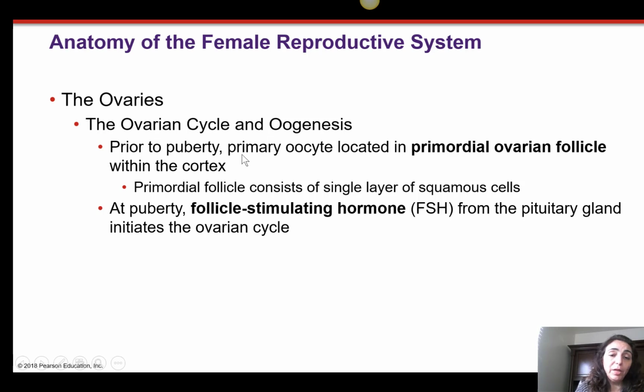Prior to puberty, as we said, the primary oocyte is located in the primordial ovarian follicle. Within the cortex, the primordial follicle consists of one single layer of squamous cells. At the time of puberty, follicle-stimulating hormone, FSH, from the pituitary gland initiates the ovarian cycle. Pay attention that the release of FSH is under control of the hypothalamus.